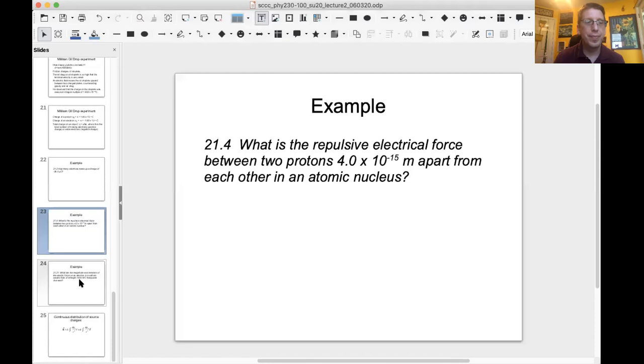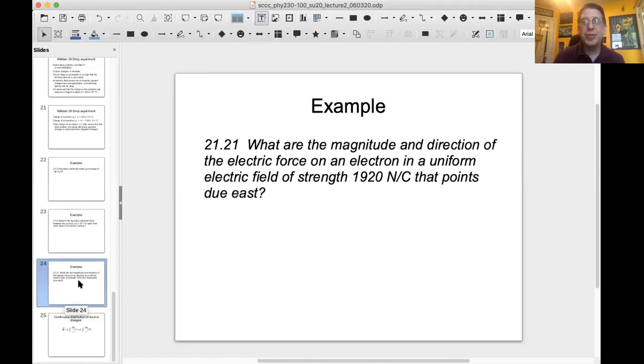Which brings us to one last example. What are the magnitude and direction of an electric force on an electron in a uniform electric field of strength 1,920 newtons per coulomb that points due east?